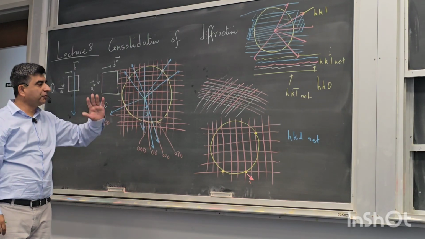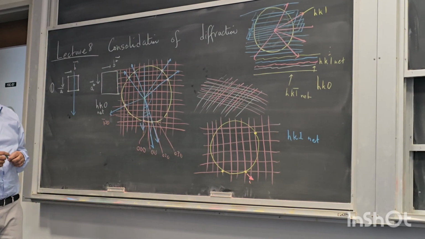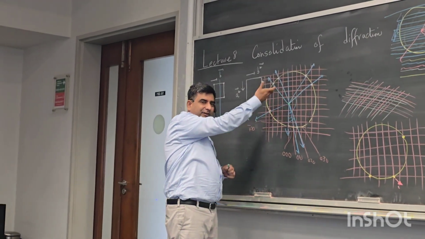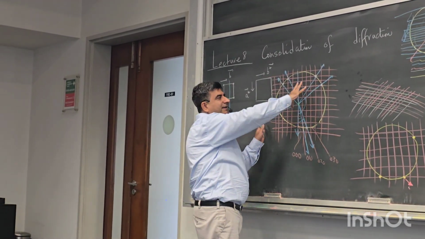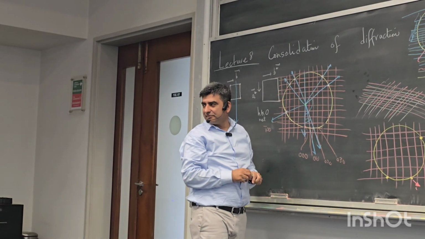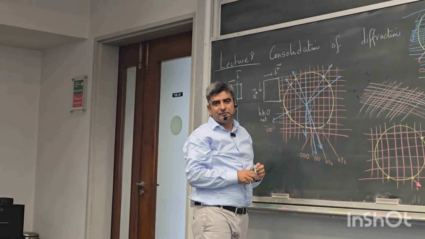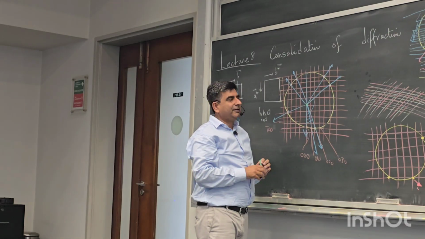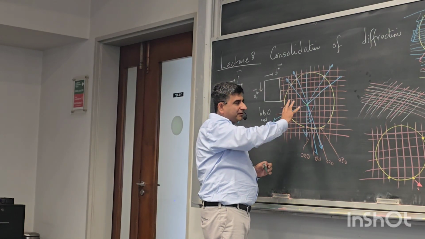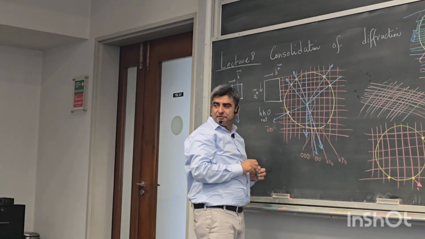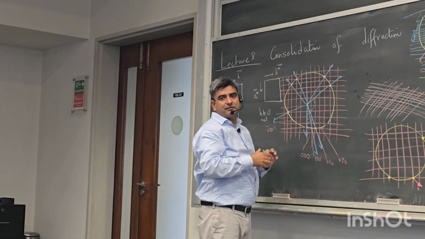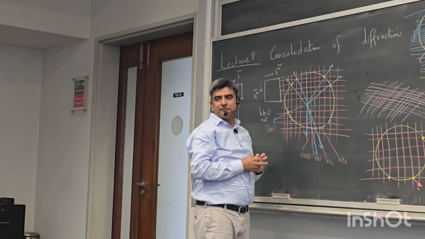You could also do a few things. For example, if I were to rotate the sample, it goes around and around. What's going to happen? This entire reciprocal lattice is going to rotate. You could also oscillate the sample. It goes either way. You could rotate the X-rays.